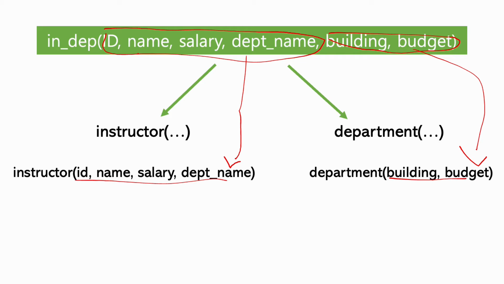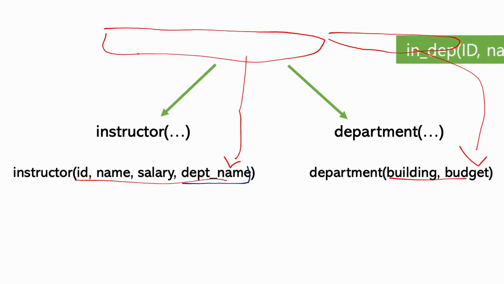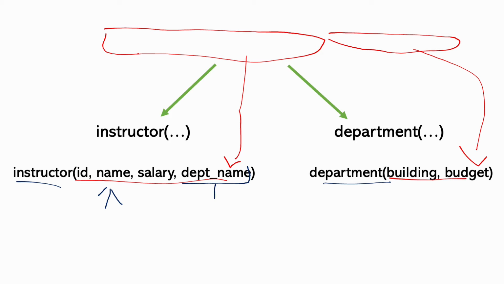Because I included the department name attribute in the instructor schema, the department schema doesn't quite function as one might expect. So an instructor is still required in order for me to add a new department name. That's not what we want.